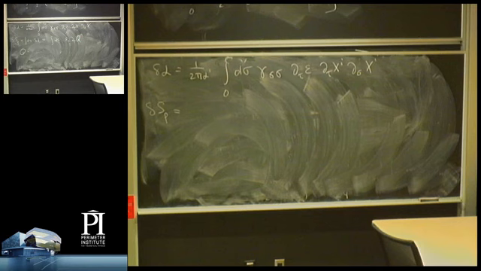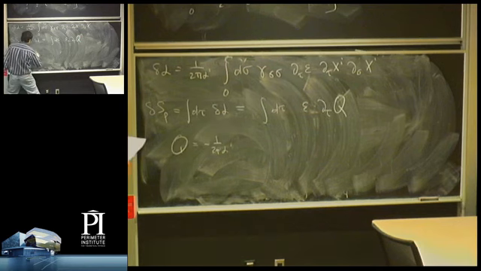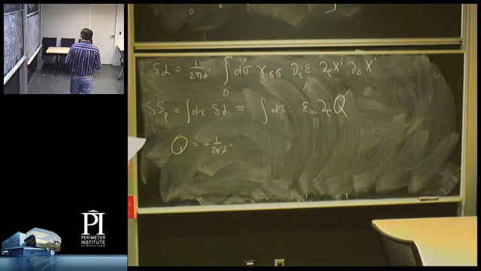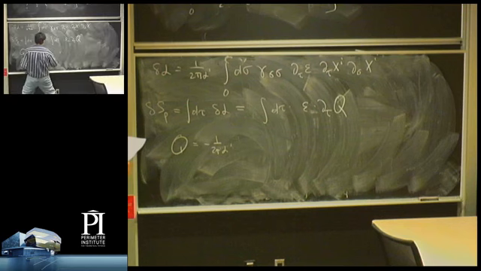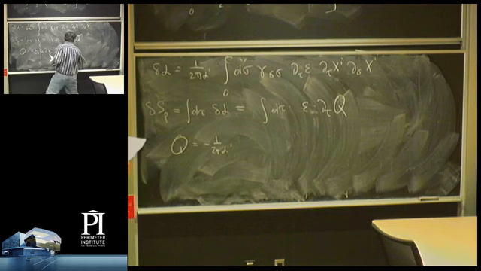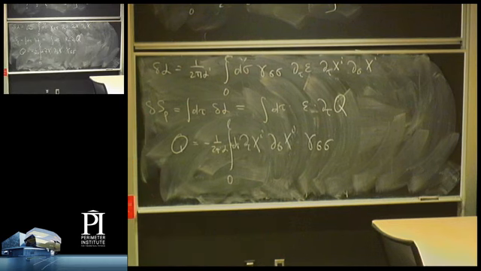So Q equals minus 1 over 2 pi alpha prime, del tau of X^i, del sigma of X^i, and then I have the integral from 0 to L d sigma. Okay. So is it clear?